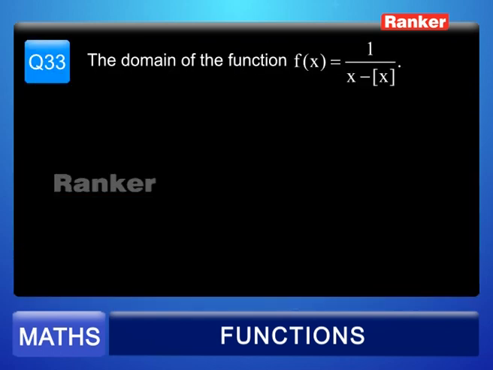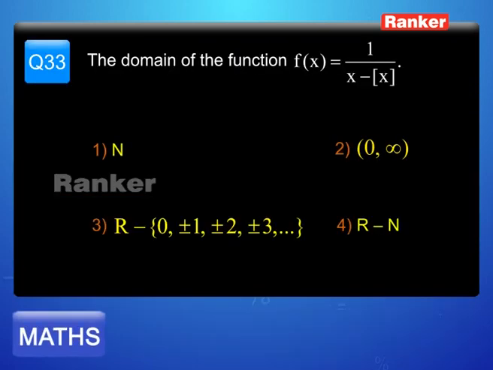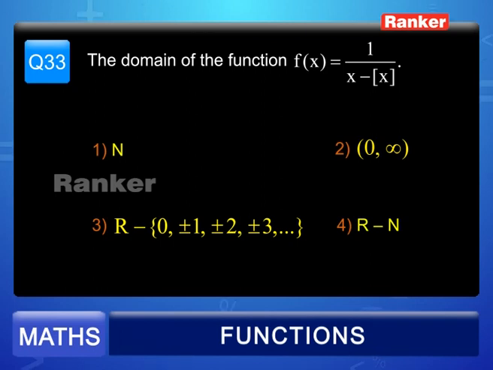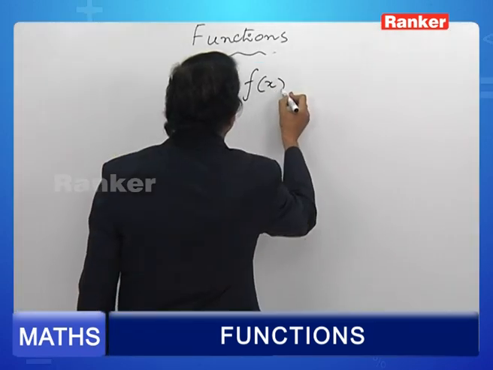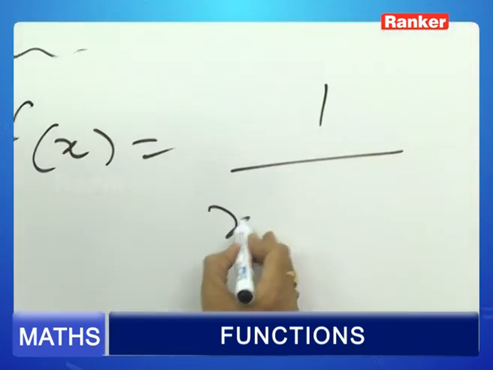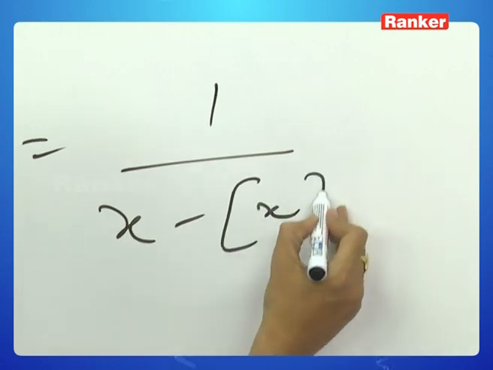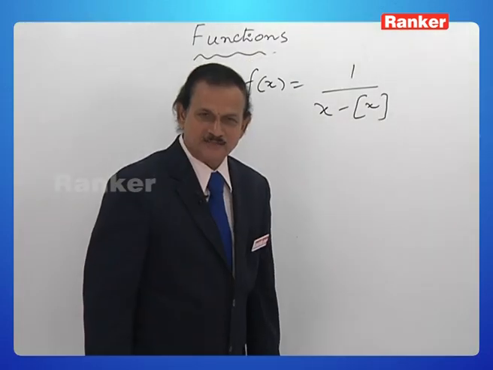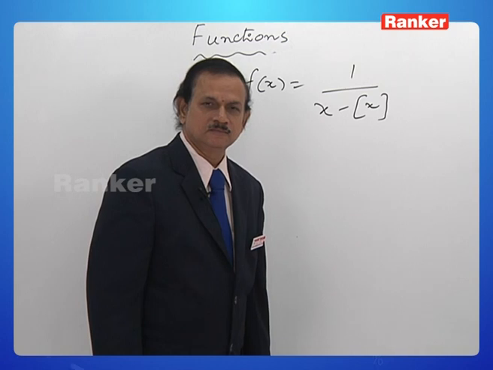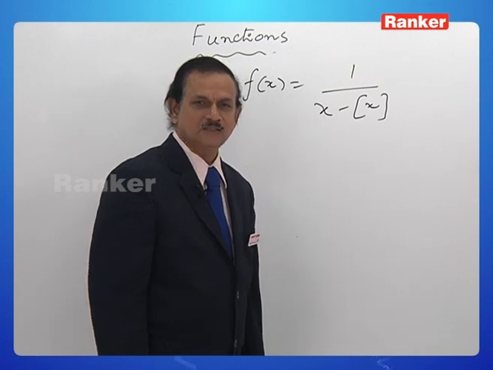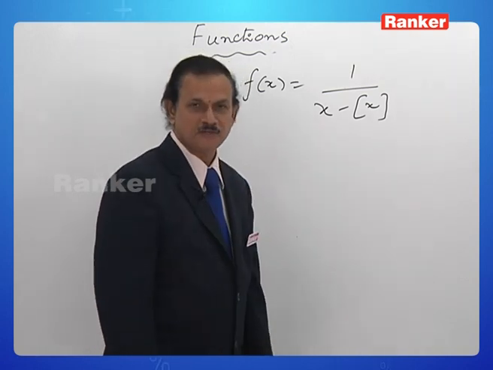Another simple and standard question we are going to face. The domain of the function f of x is equal to 1 by x minus integral part of x. To estimate the domain of f of x, you have to see that the denominator does not vanish.